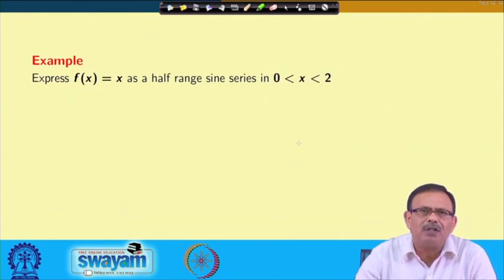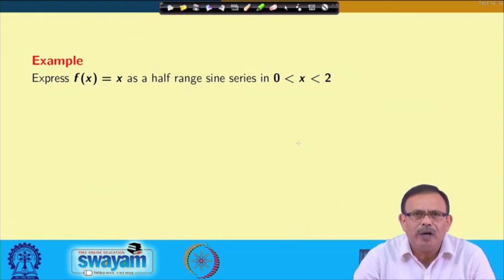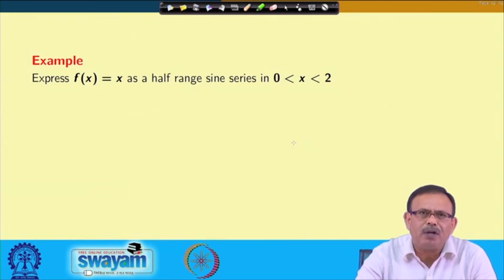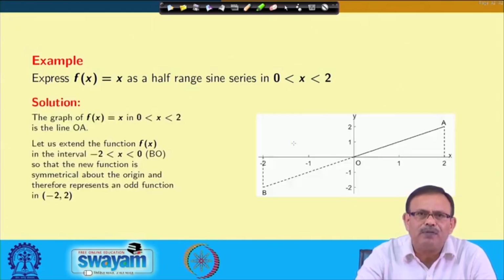We want to find out the half range sine series for the function f x equals x when x lies between 0 to 2. For the same function, afterwards we will see what the half range cosine series is.